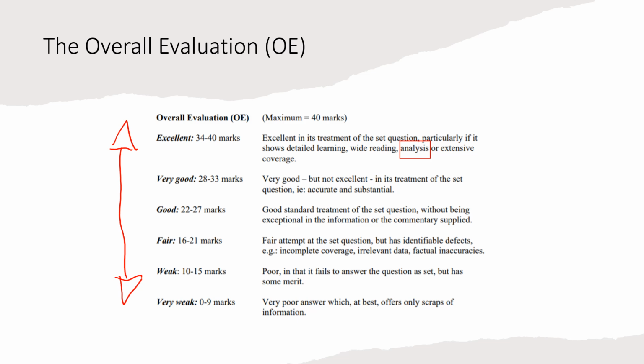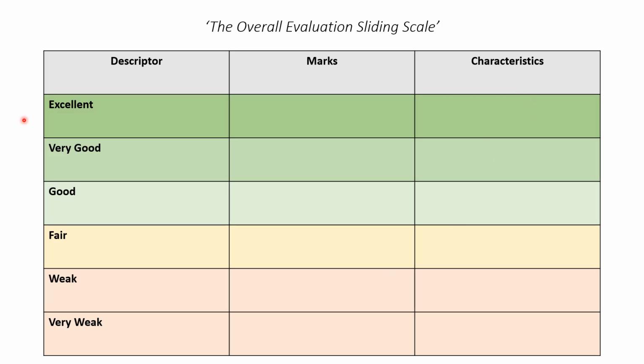We're not here to tell the story, we're here to analyze it. So our H1 standards and our H2 standards are going to be providing analysis. We're going to go above and beyond. We're not just going to be telling the story, we're going to be analyzing the story, and that's really, really important. So if we look at our overall evaluation, or OE, sliding scale in a little bit more student-friendly language, this is what it's going to look like.